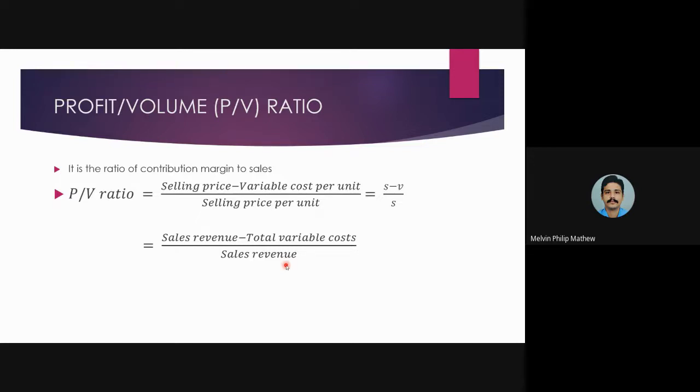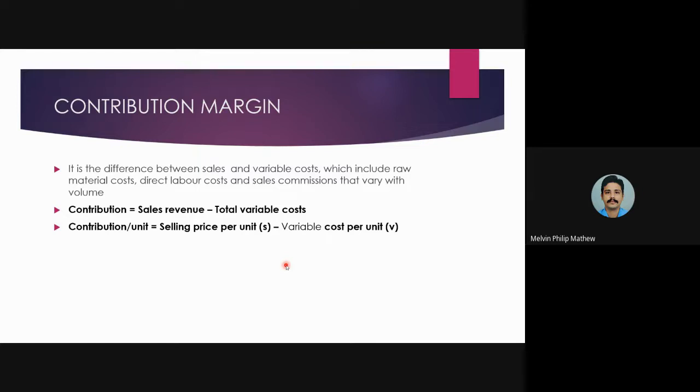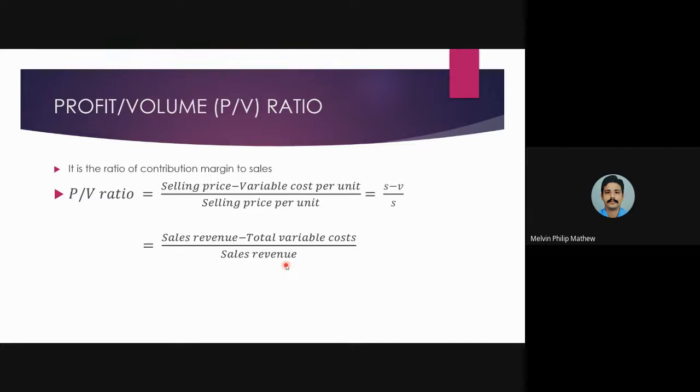We have already denoted contribution margin here as S minus V, which is the selling price per unit minus variable cost per unit. So S minus V by the selling price per unit S.